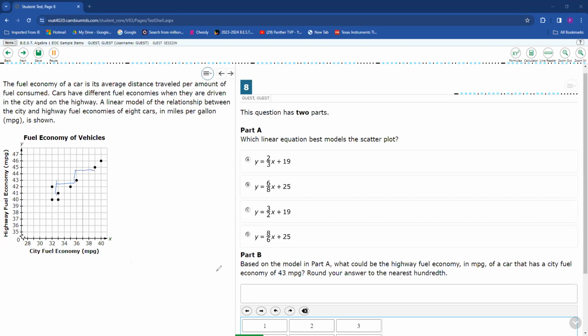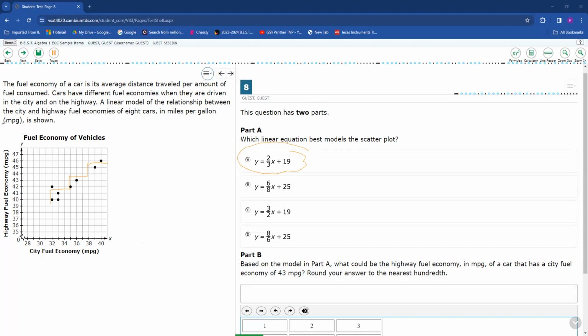So it looks like the pattern is 2/3. If I go here, it's 2/3, and then another 2/3, 2/3, 2/3. So it seems to fit the pattern of the line. So the only 2/3 is this one, 2/3x plus 19. So that's what we would choose there.